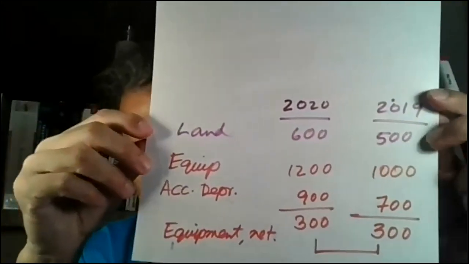Look at the accumulated depreciation. If I now include accumulated depreciation, say accumulated depreciation last year was $700 and this year was $900, you can see the net amount doesn't show any change. So this is tricky. Please take a look at this.